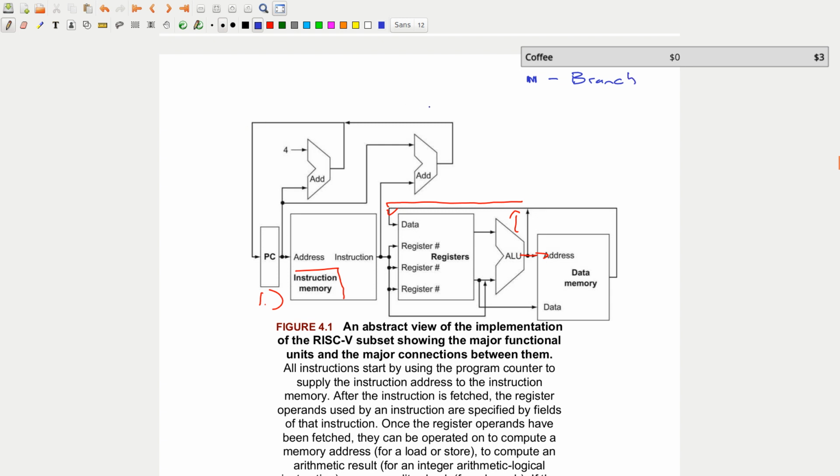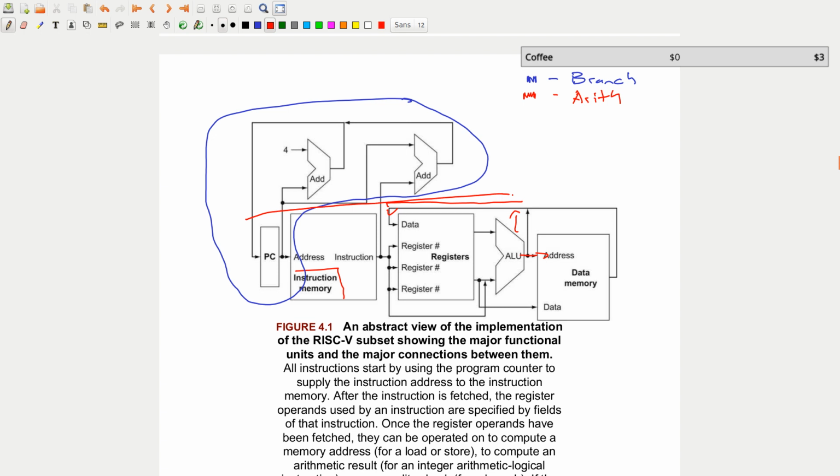Branch instructions are mainly going to be in this region. If we wanted something like an arithmetic instruction, we're mainly concerned with this portion of the processor.